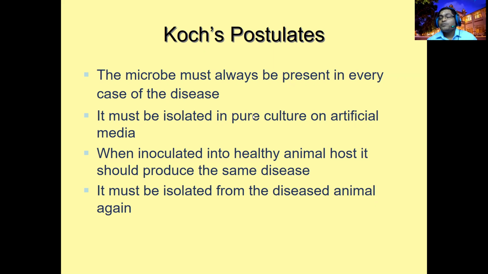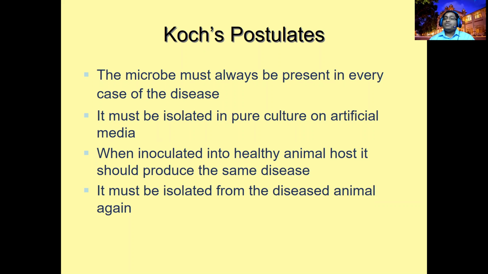Isolation of the pure culture. Again, you have to inoculate that organism into a healthy host. If the same symptoms develop in the healthy host, then again you isolate that organism from the same host and observe it under the microscope or diagnose its characteristic features.